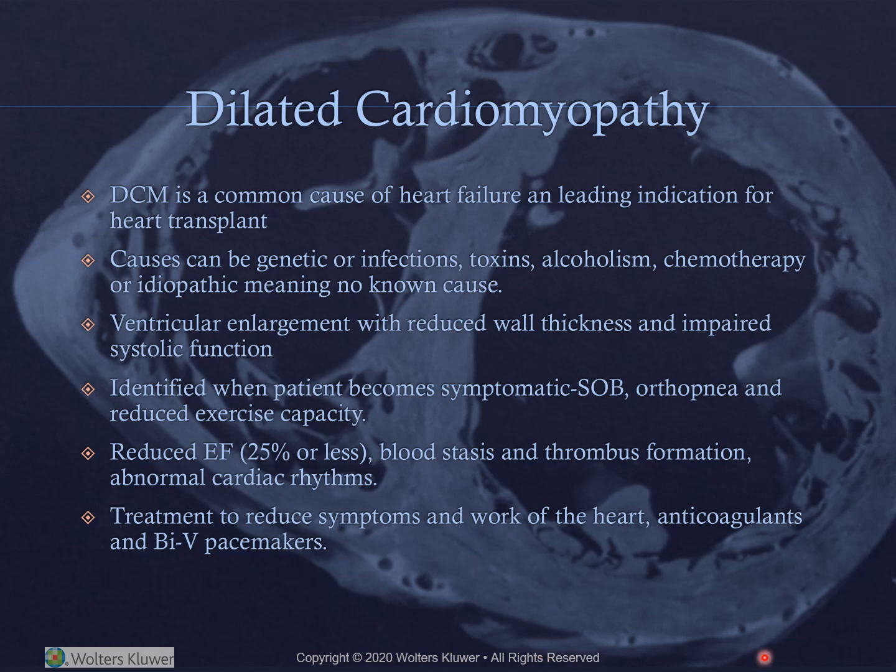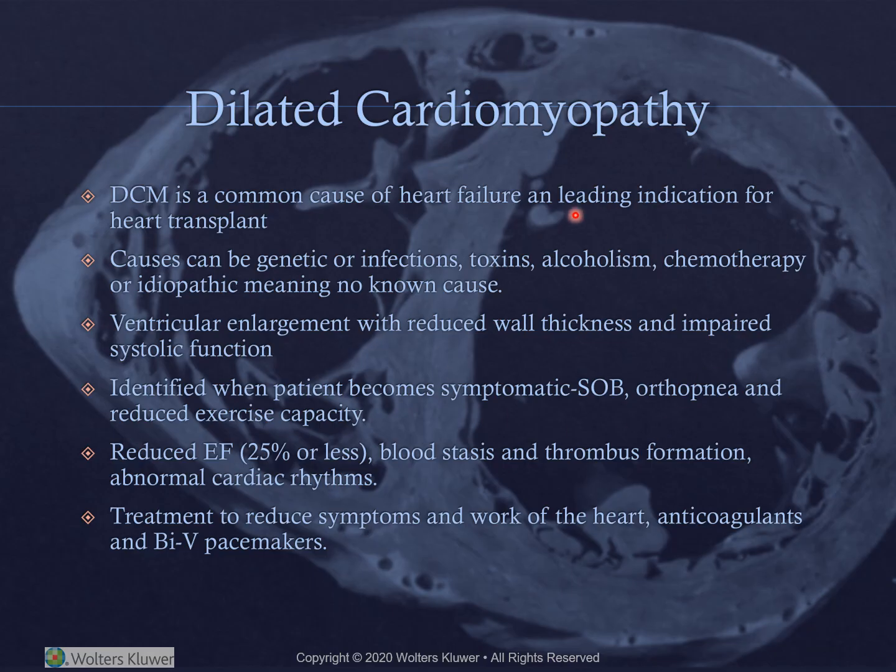Treatment, we often start with trying to reduce symptoms that are caused by this increased workload of the heart. So if we can reduce things like preload or afterload, anything we can do to reduce heart workload might be helpful. We often give anticoagulant therapy to try to prevent that thrombus formation from blood stasis. We can also use biventricular pacing like we talked about with HCM patients.